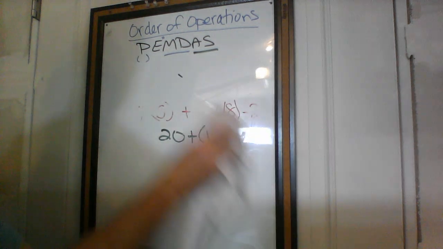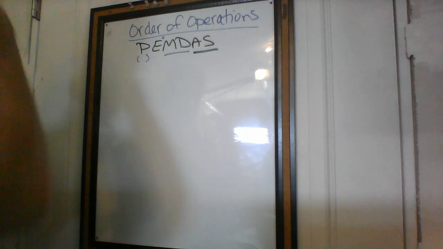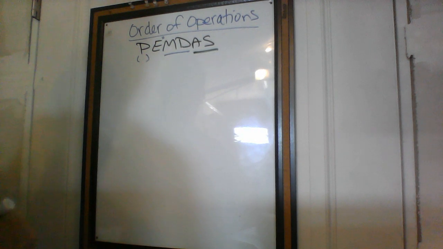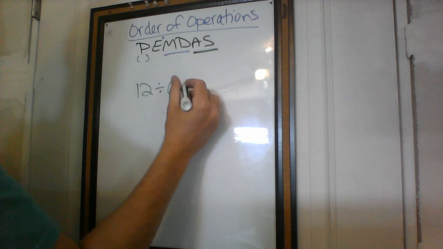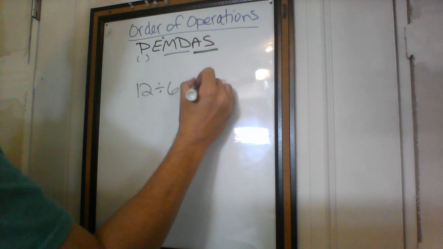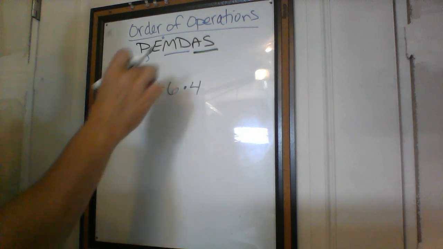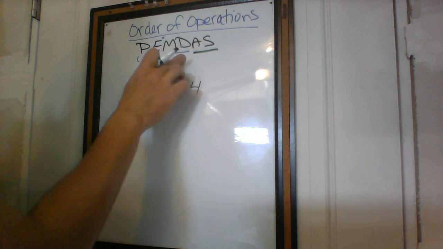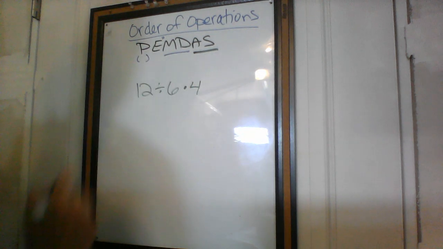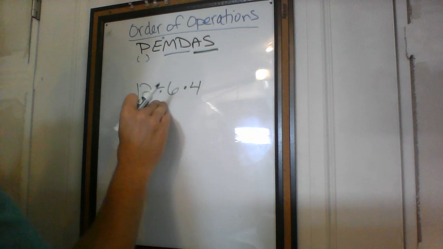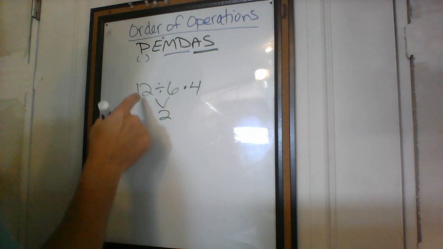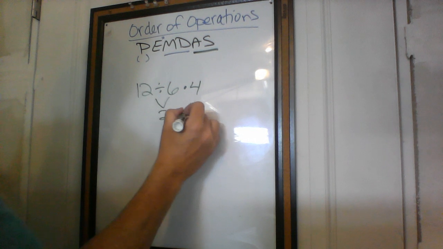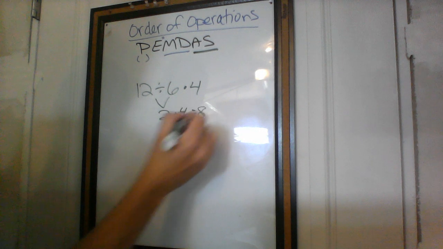So just one more quick example on that: if we have 12 divided by 6 times 4. Because multiplication is first in this, that doesn't mean we're doing it first. These are grouped together. We work left to right. We have to divide first. So 12 divided by 6 is 2, times 4 equals 8.